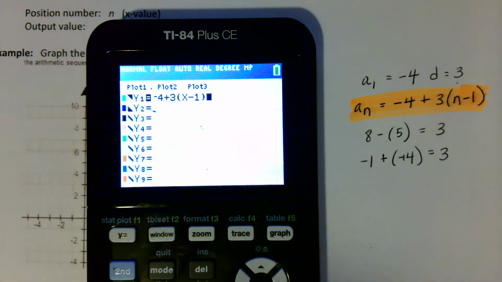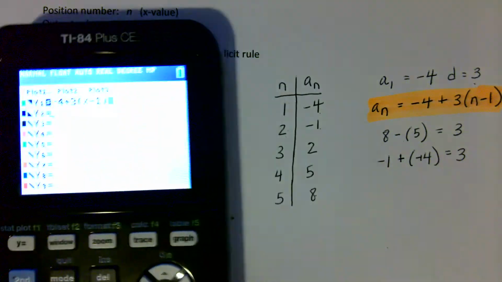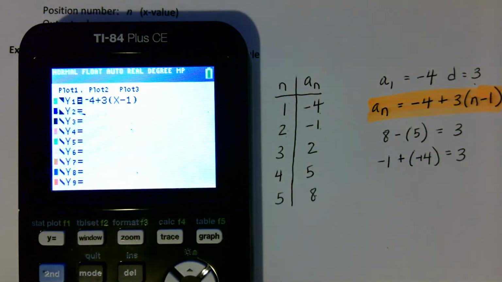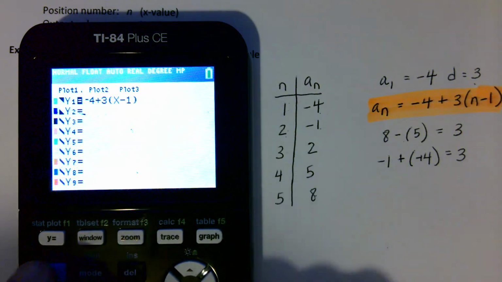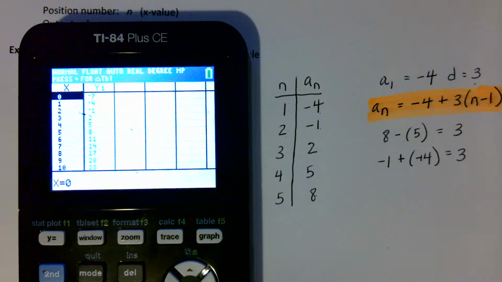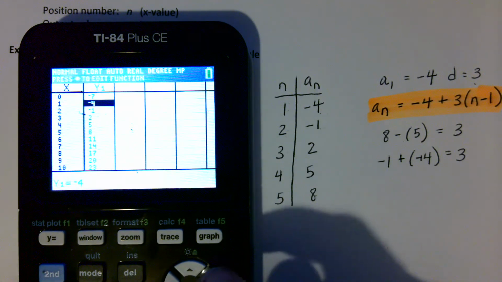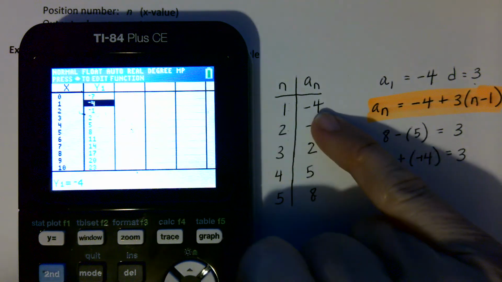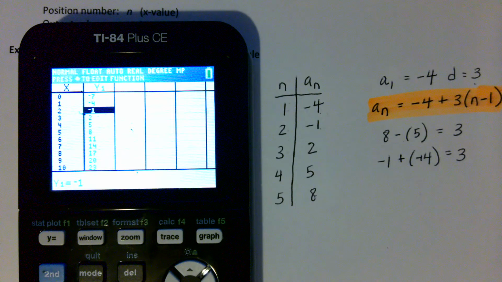What's really important is that when I have this function rule and I look at my table of values, it will match the table of values we have here. To get that, remember, we press second graph to get our table of values. And take a look. When x is 1, y is -4, exactly what we have here. When x is 2, y is -1.